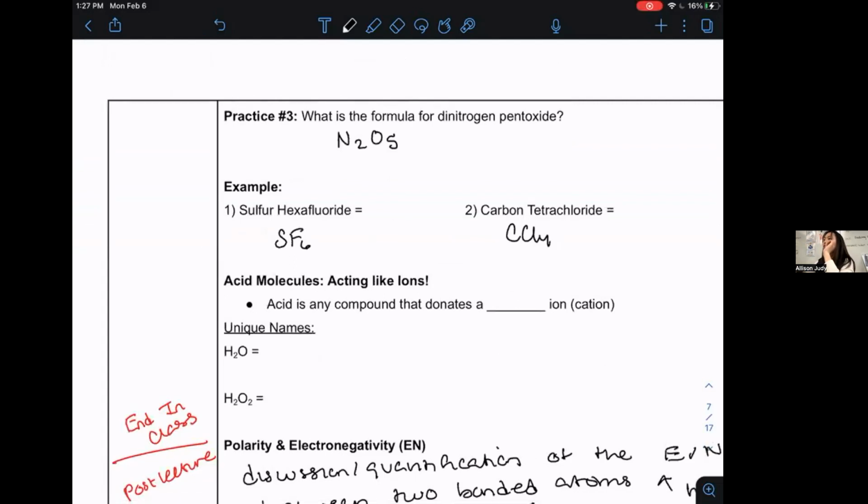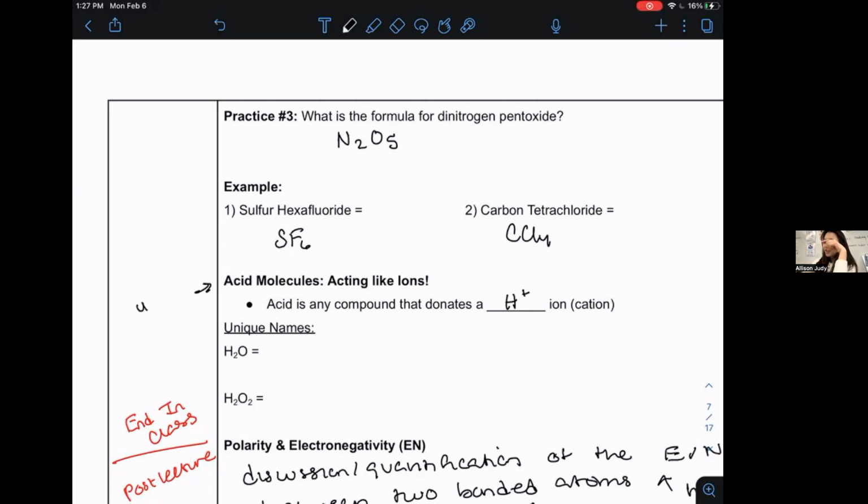Okay. Here's something interesting. We actually have another example of a molecule covalently bonded that acts like an ion. These are acids. Acids are any compound that donates an H+ proton, which is a cation. This is another unique example, kind of like polyatomics, but for a different reason, where we see a theoretically covalent compound, non-metal plus non-metal, acting like an ionic.